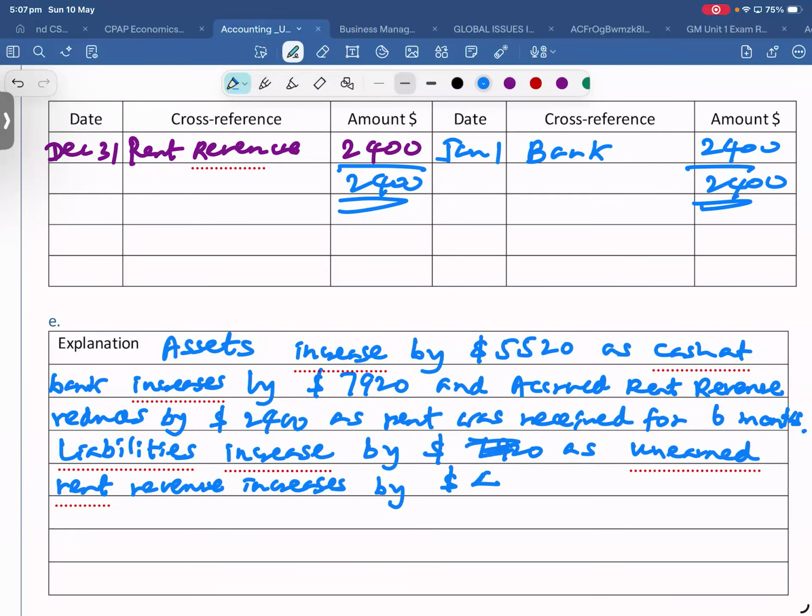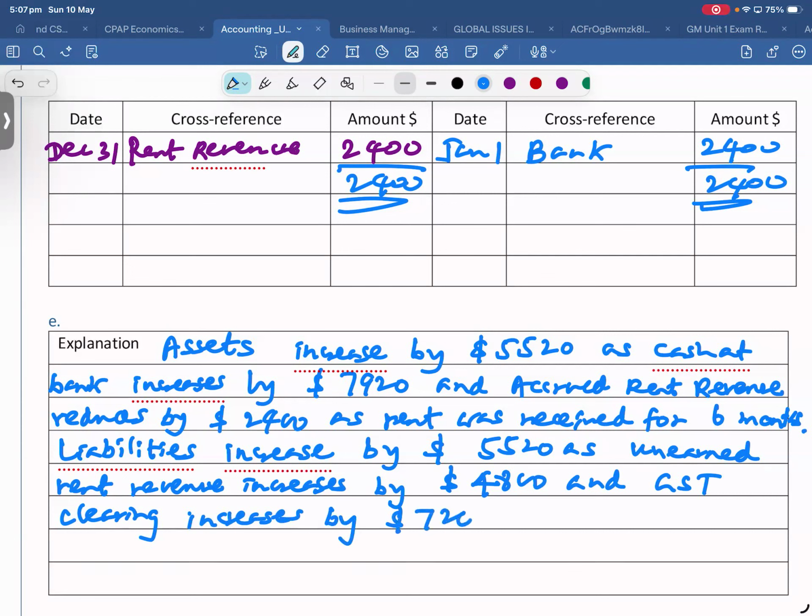Now this is not 7,920, 5,520 again. 4,800 and GST clearing increases by 720.